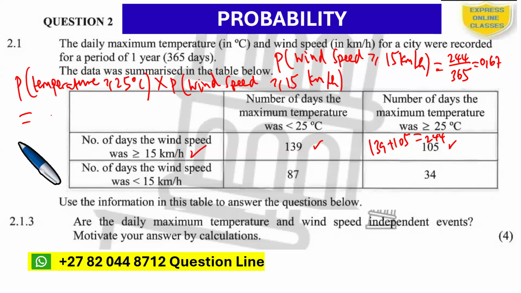We got it in the previous question: 0.38. Multiply the probabilities, because you are dealing with the daily maximum temperature and also wind speed, which has a probability of 0.67.